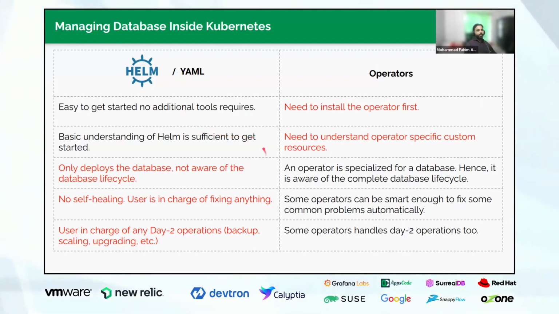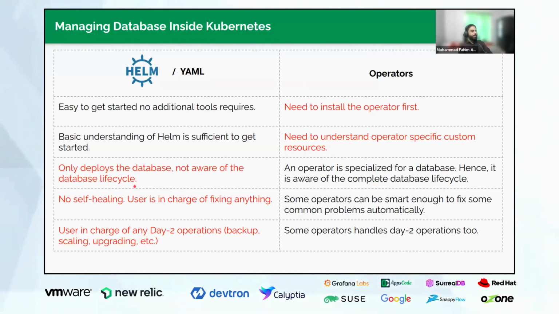But for an operator, you need to install the operator first. You need to understand different operator-specific custom resources before running the database. But with Helm, those are easy. So with Helm, the deployment of your database is very easy.